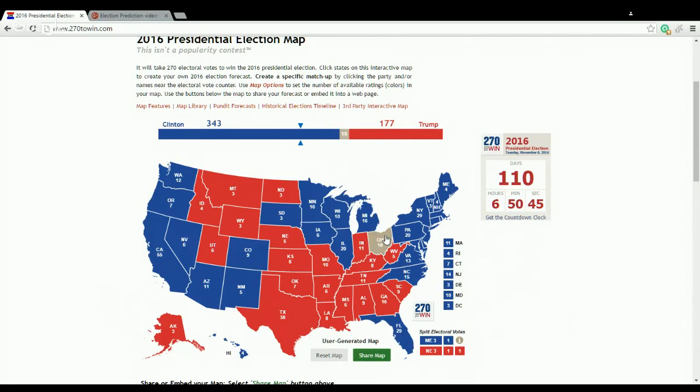That is if she picks Elizabeth Warren. If she picks Tim Kaine, or I think that's his name, I'm pretty sure that's his name, she could win West Virginia. She could win South Carolina at the most. Once again, that is if she picks Virginia for vice president there.